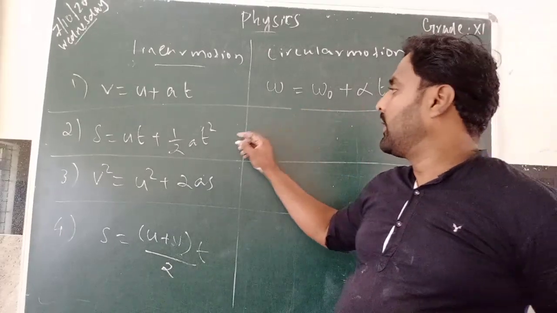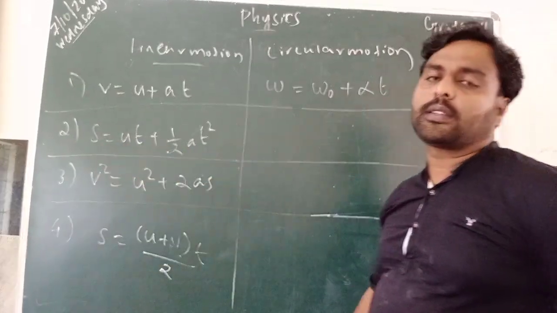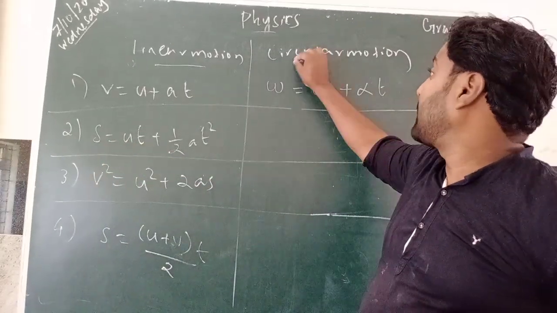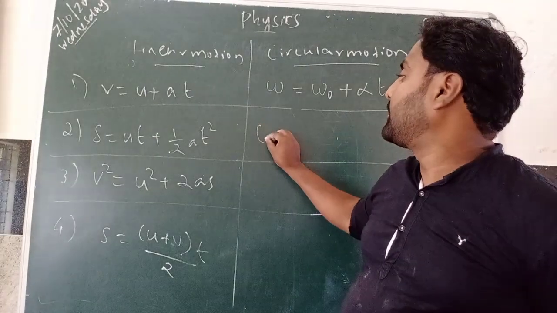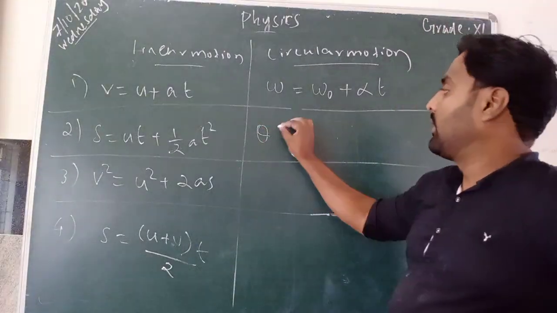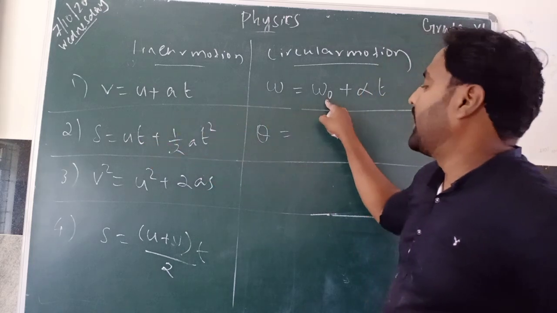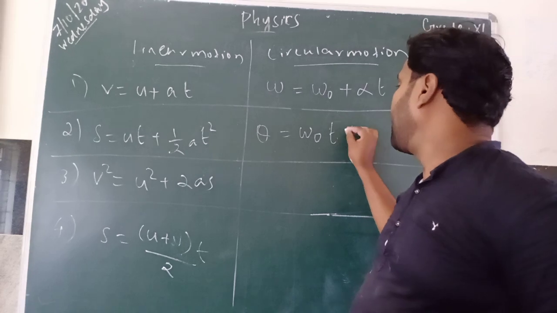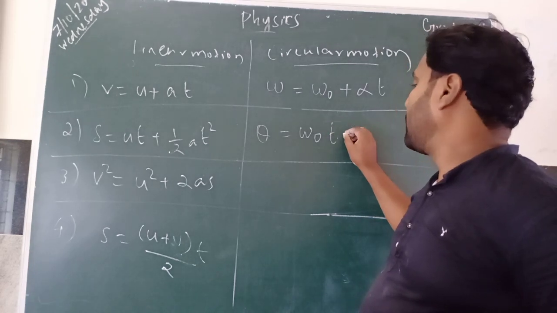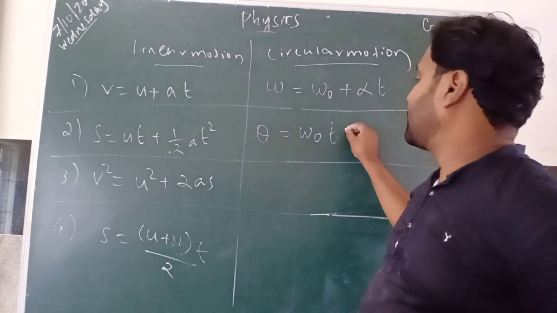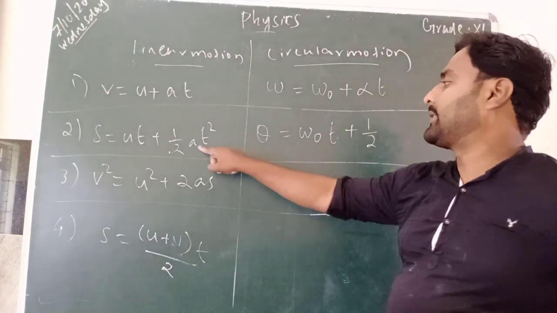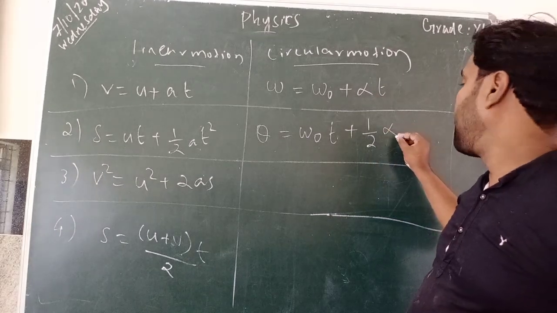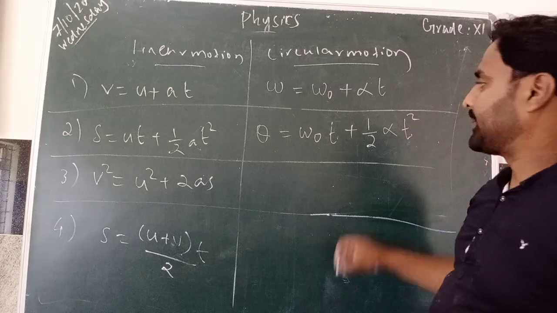And second equation, S is equal to UT plus half AT square. S means linear displacement. In circular motion, angular displacement theta is equal to omega 0 t plus half, here angular acceleration alpha, t square.